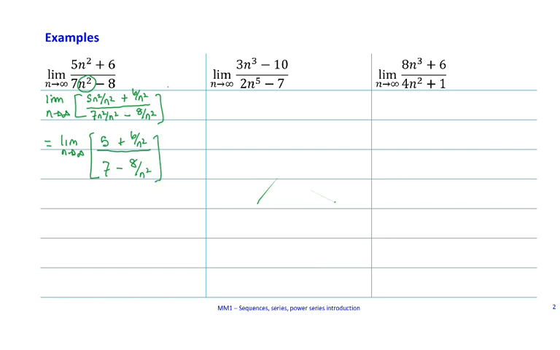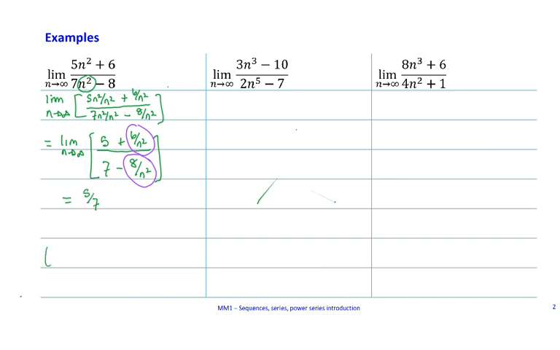So, if we take the limit top and bottom, this will tend towards 0, and that will tend towards 0, which will leave us with 5 over 7.